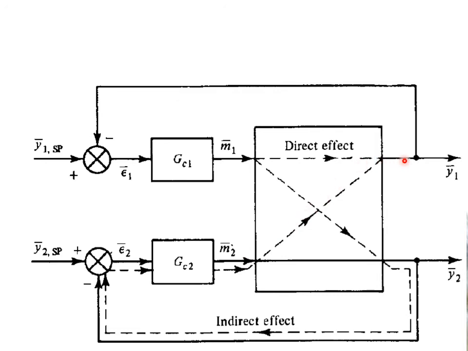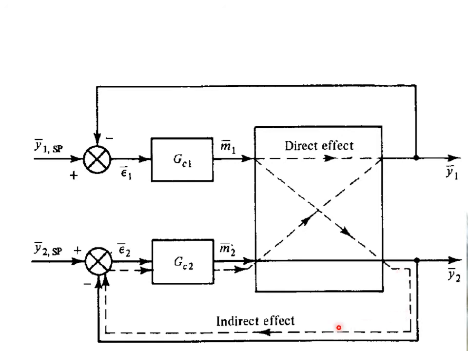So guys, this Y1 is getting affected by the change in set point over here. One route is this route, which is the direct effect, and the other route is the indirect effect, that this upper loop is disturbing the lower loop.